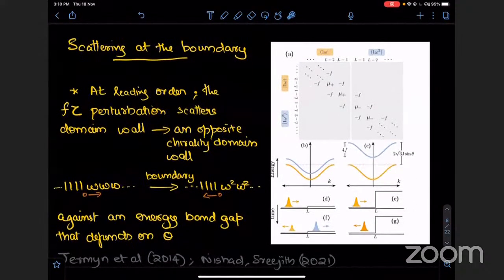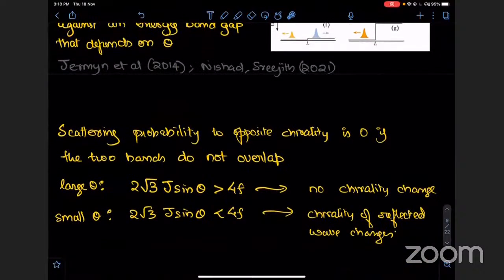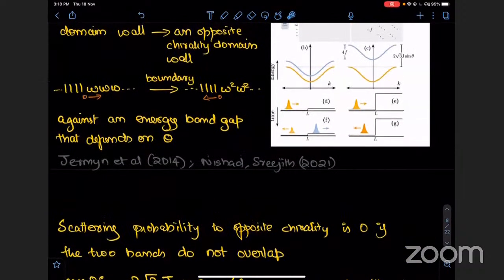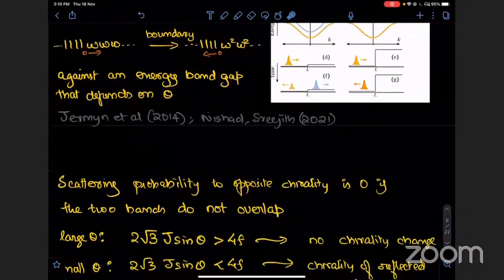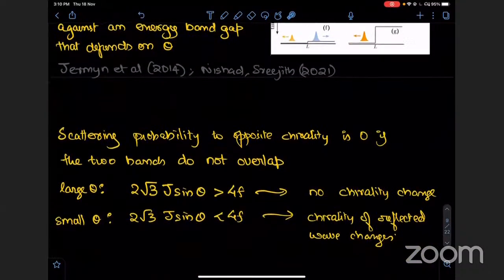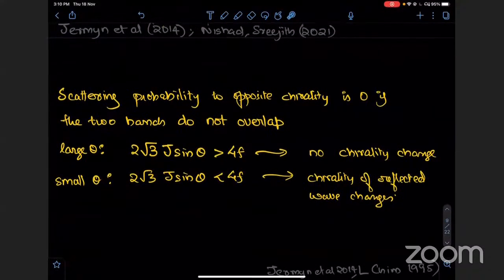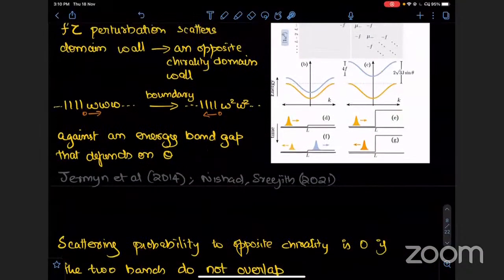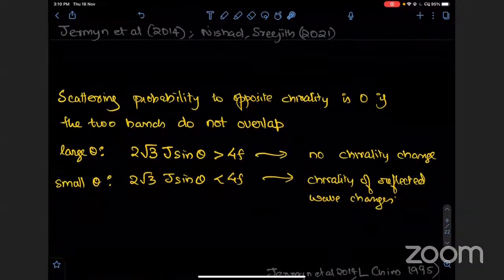Now, if this energy gap is large enough that the bands corresponding to different domain wall flavors do not overlap, then there is zero probability for the domain walls to scatter into an opposite chirality domain wall. If the two bands corresponding to different domain walls do overlap, then there is a finite probability for the chirality to change at the boundary.